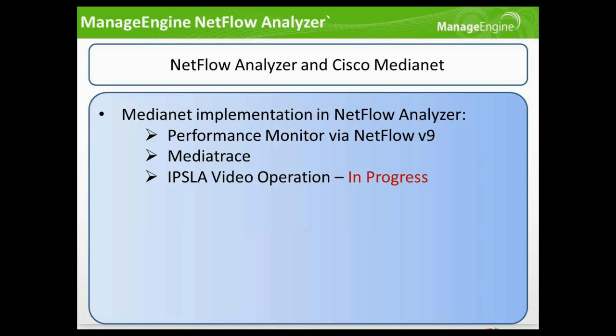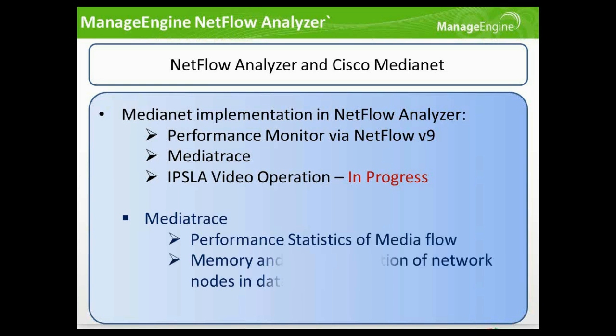And then MediaTrace is supported, and IP-SLA video operation is currently in progress and will be available in our next release. Coming to MediaTrace, we can show you performance statistics of media flow, like packet loss, in-packet errors, out-packet errors, and we can also show you memory and CPU information of network nodes in the data path.